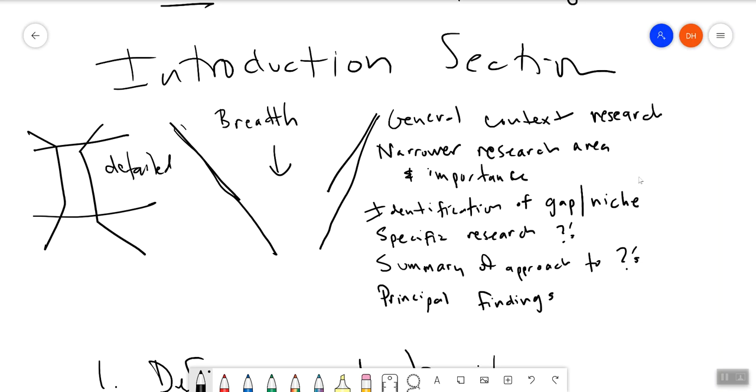Why is this thing important? You then want to identify a gap or niche in the existing research that's out there. So maybe as you're doing research you think, oh, well, somebody did an experiment on this, but they didn't identify this particular niche or this particular gap. And we'll talk about this in a moment.